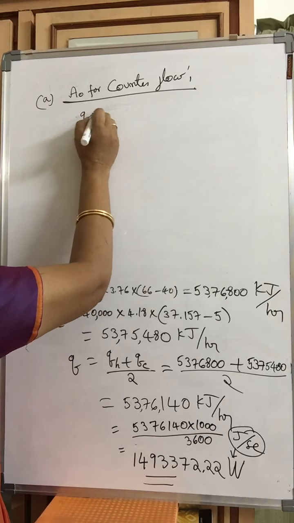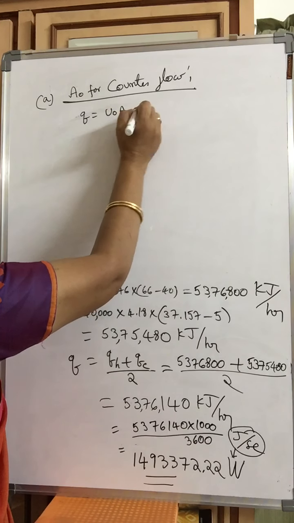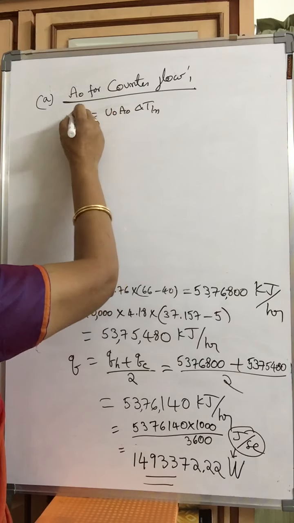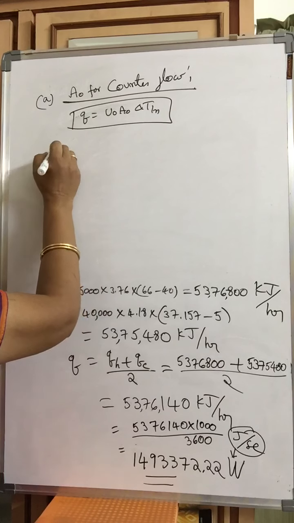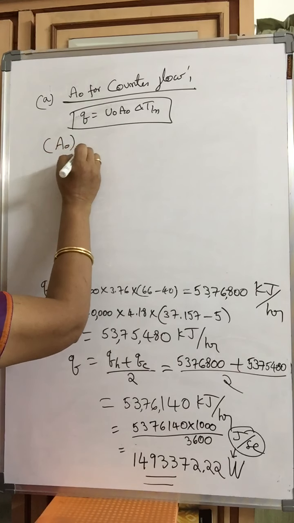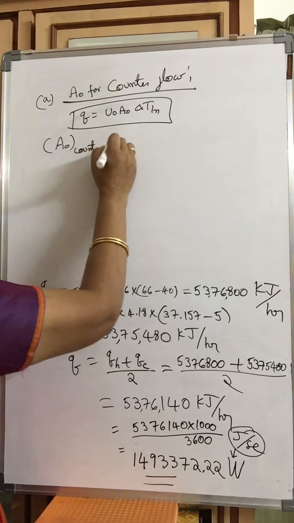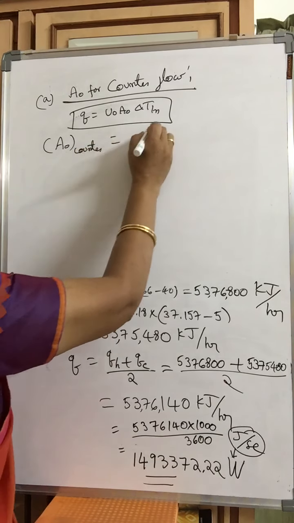Q is equal to U naught A naught delta T ln. This is the equation we are using. So A naught counter is equal to Q by U naught delta T ln counter. Now you have U naught value, you have Q value, both in watts. So you need to calculate now delta T ln counter.